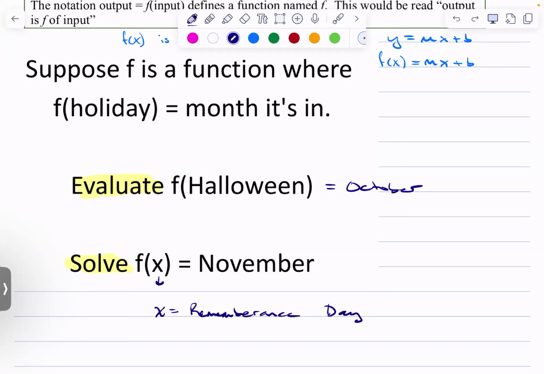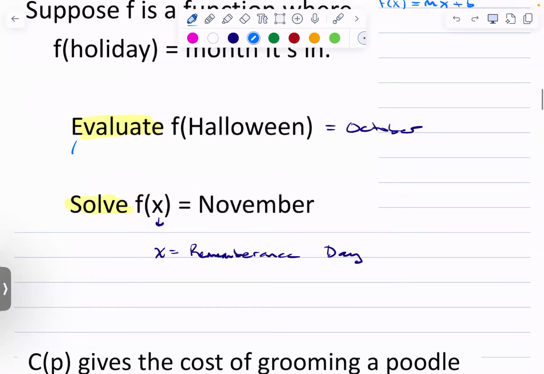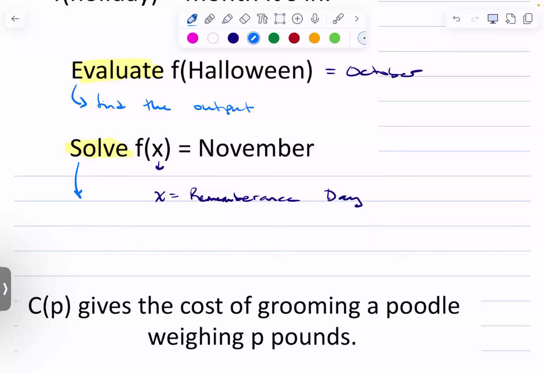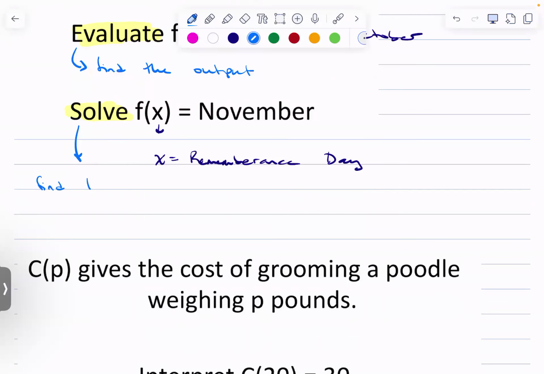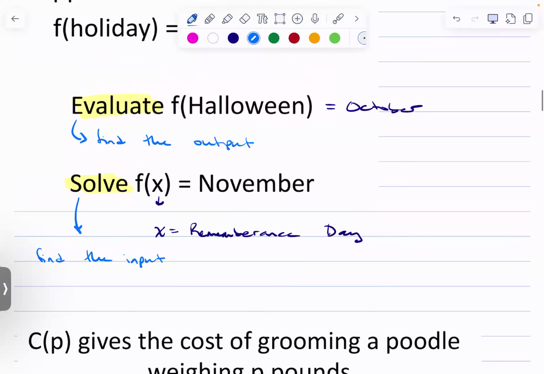Evaluate is find the output, versus solve is find the input. But like I said, you don't have to remember that. You just let the question be your guide, and it should be relatively obvious what it's looking for. But that's good to know. Words matter: evaluate, solve.